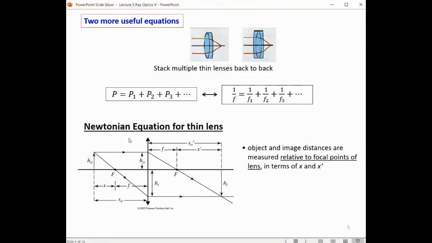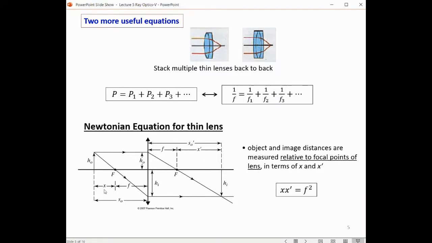And here is an equation for thin lens, but it is given using distances referenced to another plane. This equation is called the Newtonian equation. Instead of referencing object distance and image distance here, we will now reference it to the focal point. So we will have x distance and x prime.